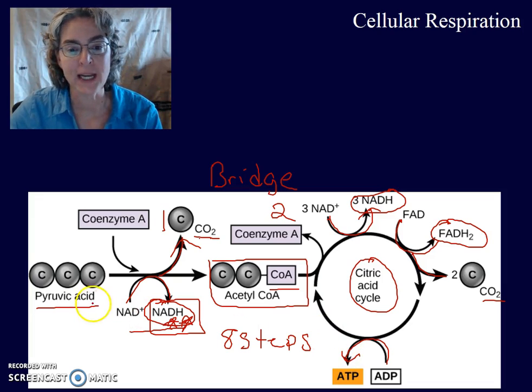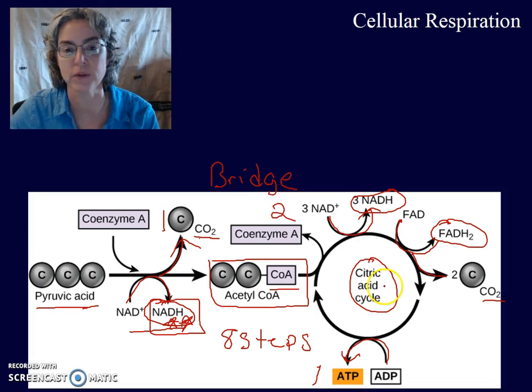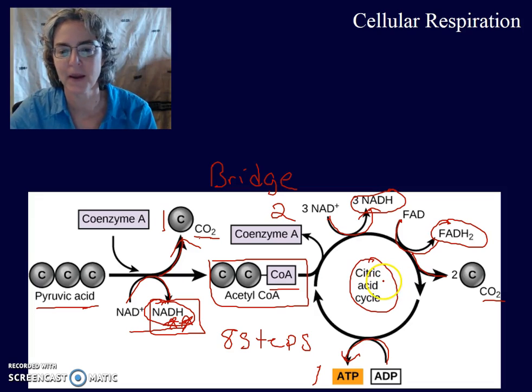So for each molecule of pyruvate coming off, we get 1 ATP. So for a total of 2 ATP. So far, we've gone through glycolysis, we've gone through the bridge step, we've gone through the citric acid cycle, and so far all we've gotten is 4 ATP. So most of the ATP is going to happen in the next step, in the electron transport chain. Okay, and that's what we're going to talk about in the next video.